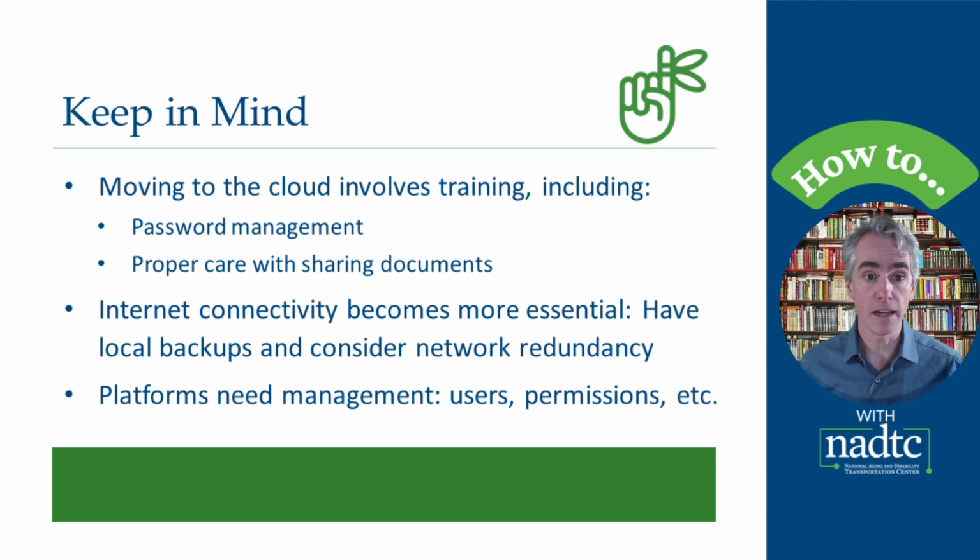That may mean getting 2 different internet connections for redundancy, so that if one goes down, you can still have connectivity through the other. You may also want to set up a system where you're making backups of some key documents and keeping them on your local computers so that if something does happen and your internet is down for a while, you can use that local copy until you've got connectivity again.